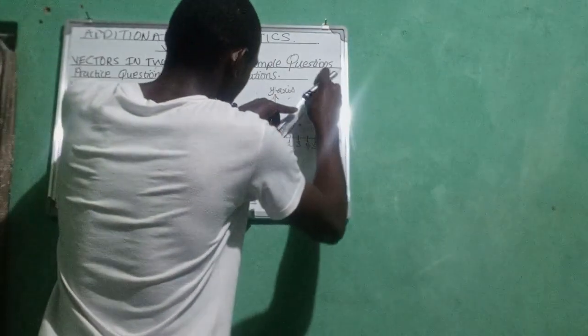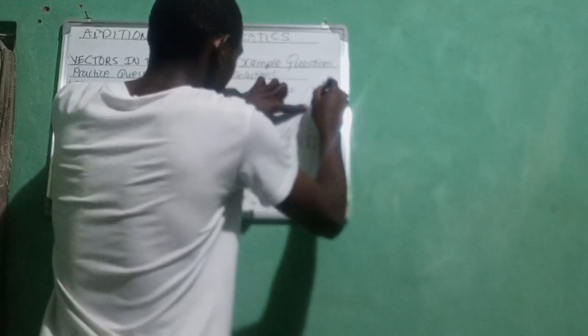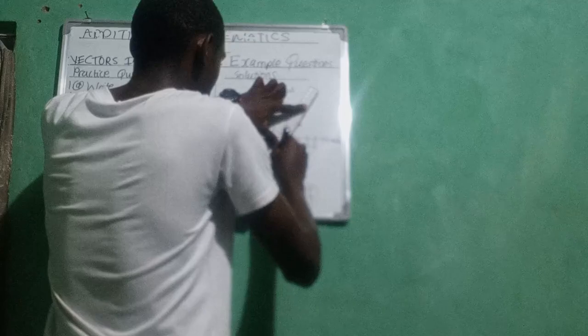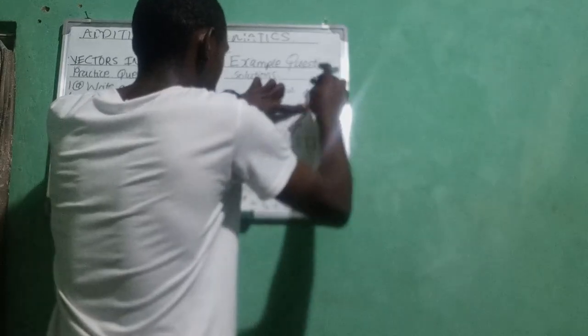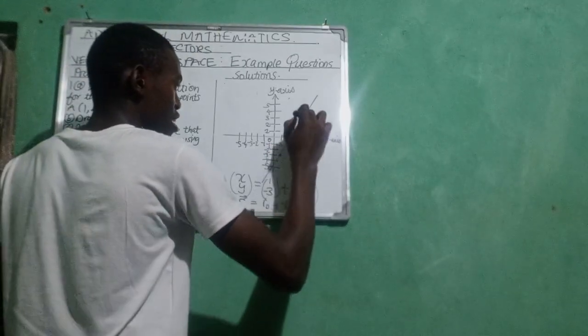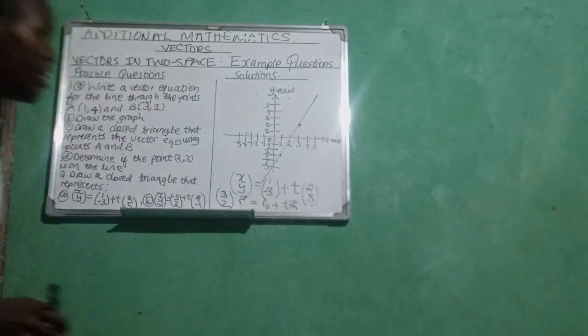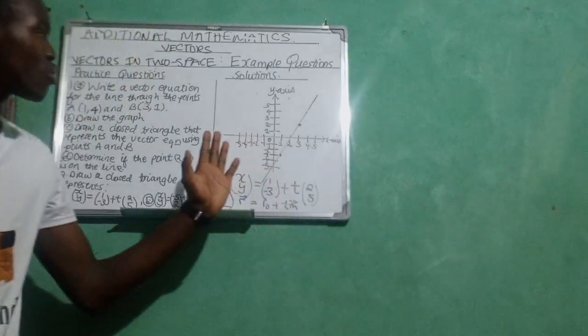Then, upon knowing that, we will now draw it like this. So this is our point right here, then this is our other point right there, and this is a line. What we have drawn is a line connecting these 2 points.